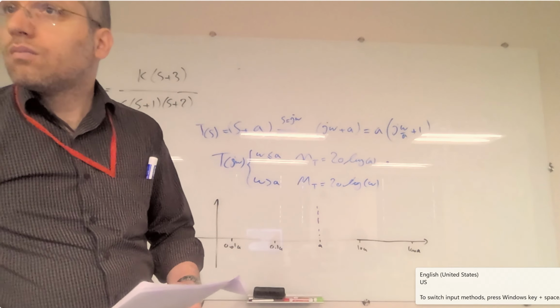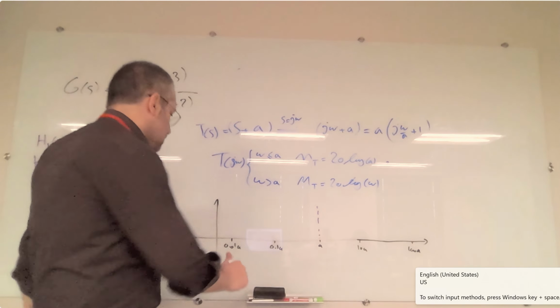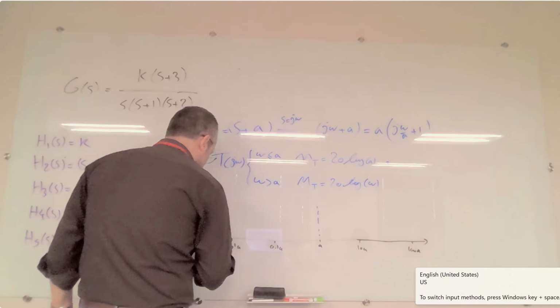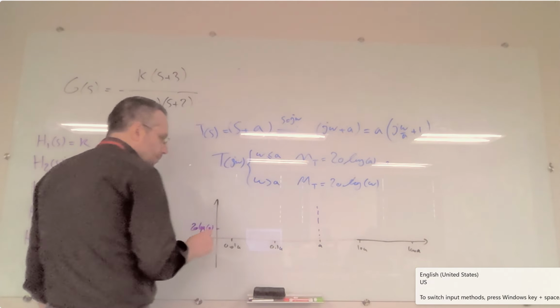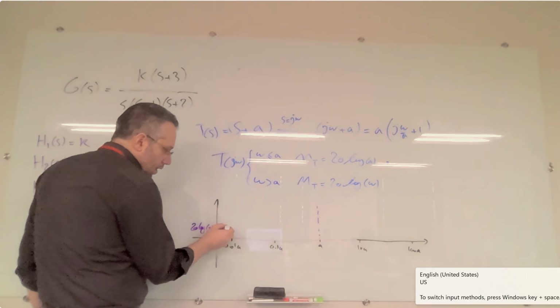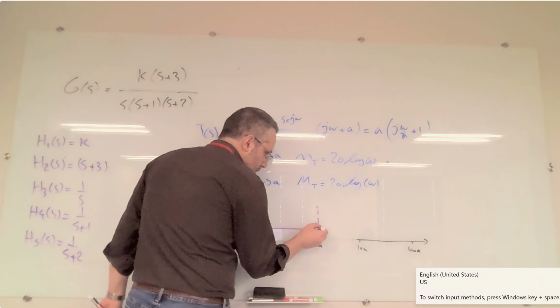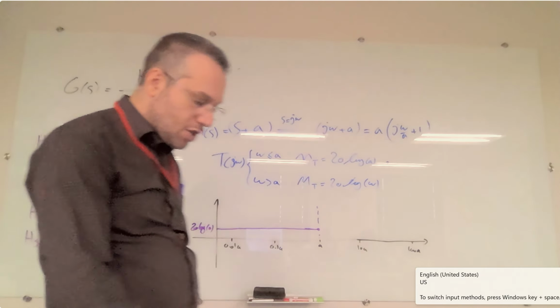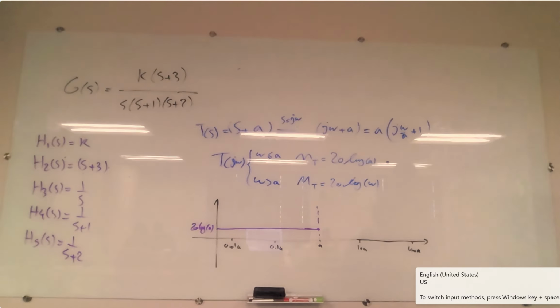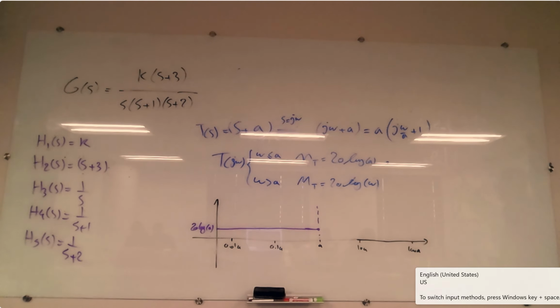Very good. So let's say this part is 20 log of a. So all the way until this line, we have a constant approximation, a flat line equal to 20 log of a.